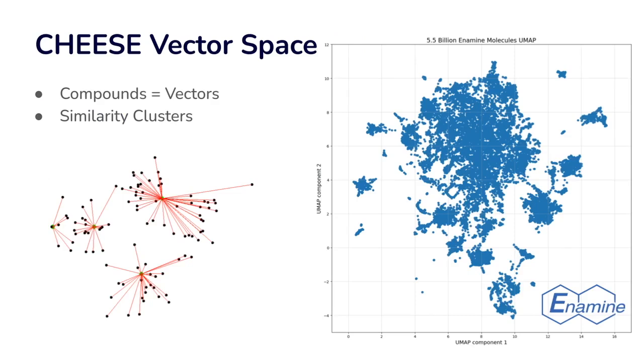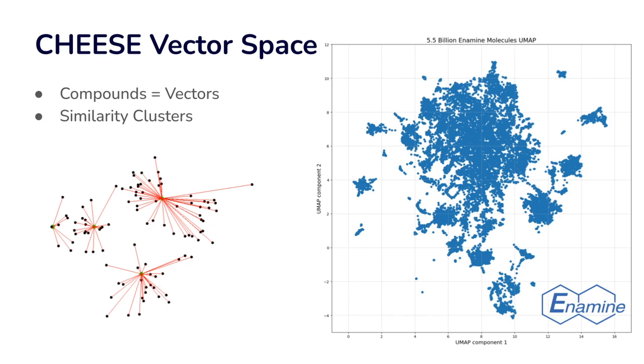After training such models, which are producing isometric embeddings, we are then working with a vector space where each compound is one vector. And with this vector space, we can structure the databases based on similarity.